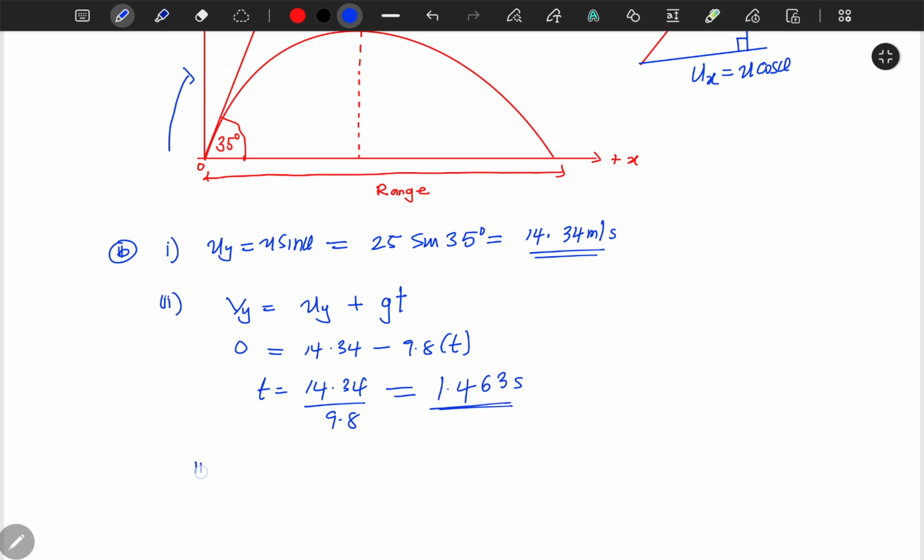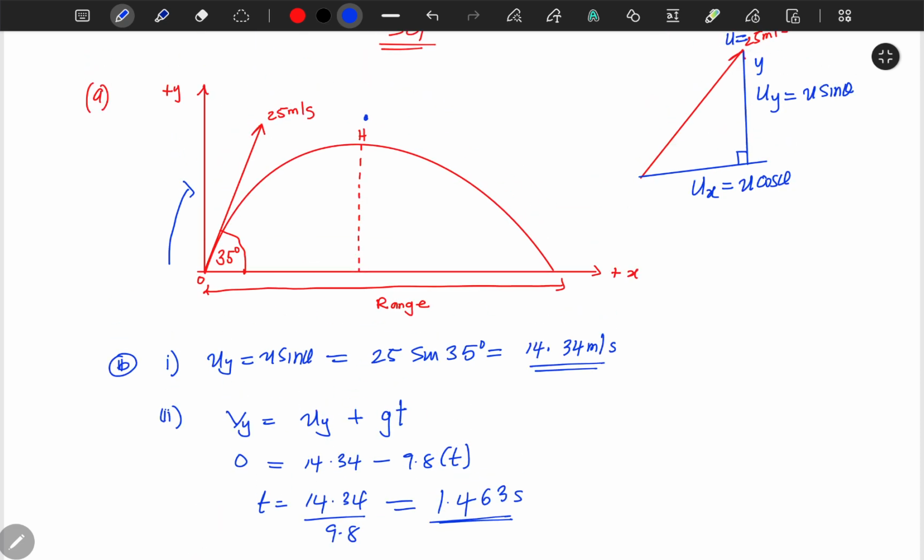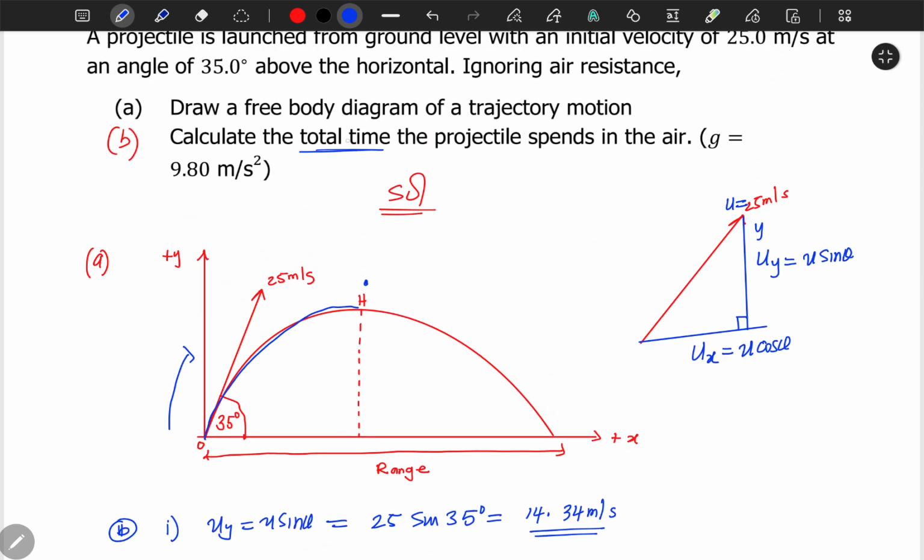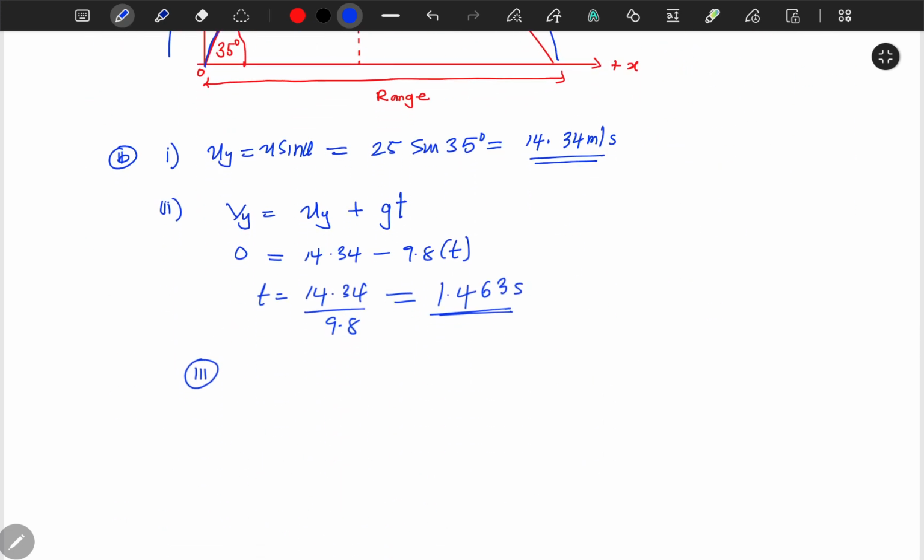Almost. This is just the time it took to move up to maximum height. But the question is asking for the total time, meaning we also consider the other part of the motion. So we double 1.463, which is approximately 2.93 seconds. That becomes the time.